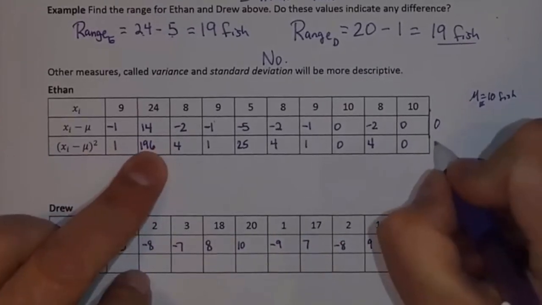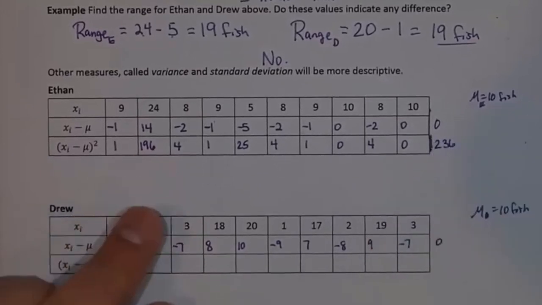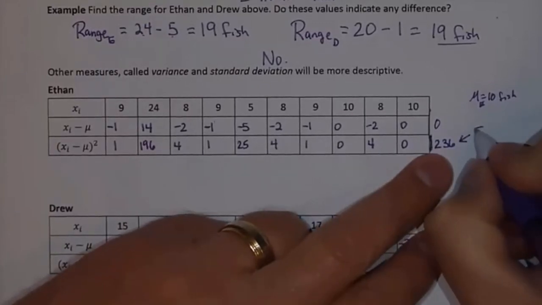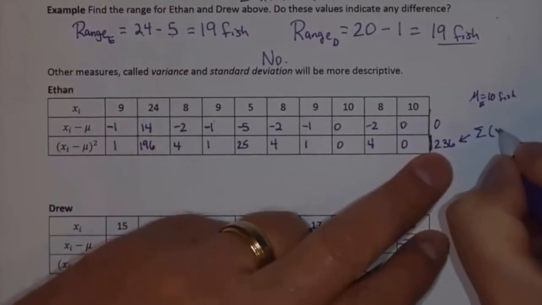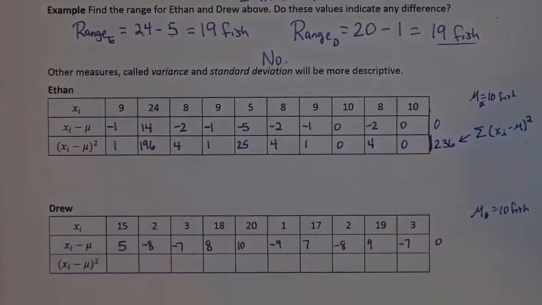That is 236. So I'm going to write that over here. So that 236, that is the sum of x sub i minus mu squared.